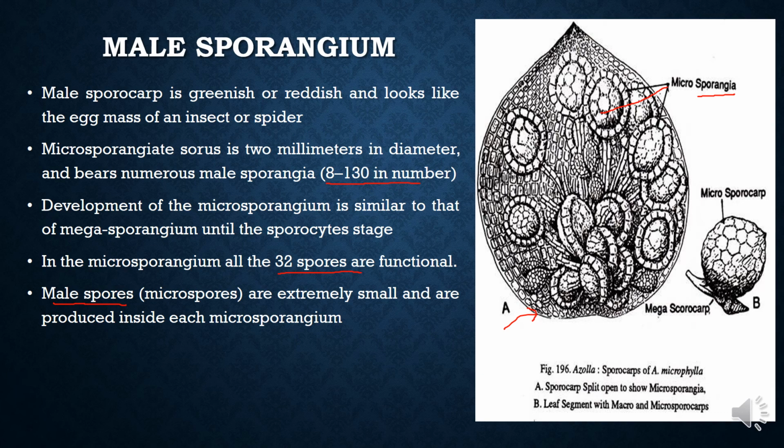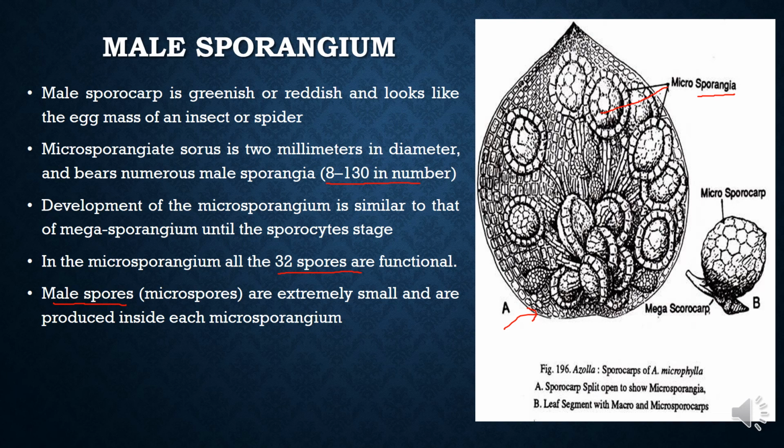They are entangled within a structure called the massula, and they come out as a mass, not singly. This maximizes the chance of fertilization. So in Azolla, in order to maximize the chance of fertilization, the aggregate of spores comes out.